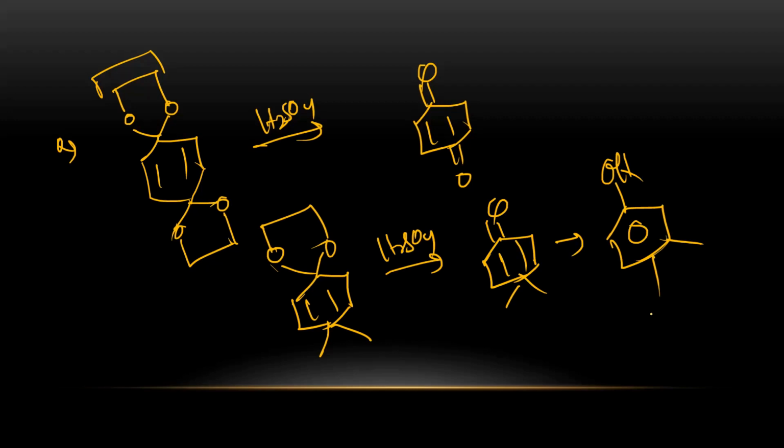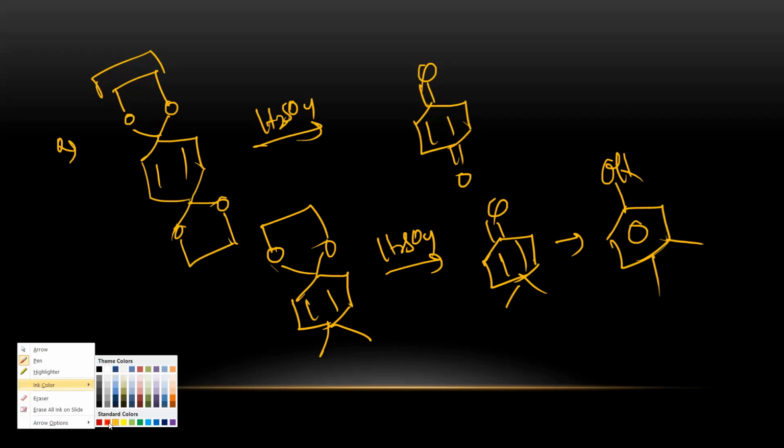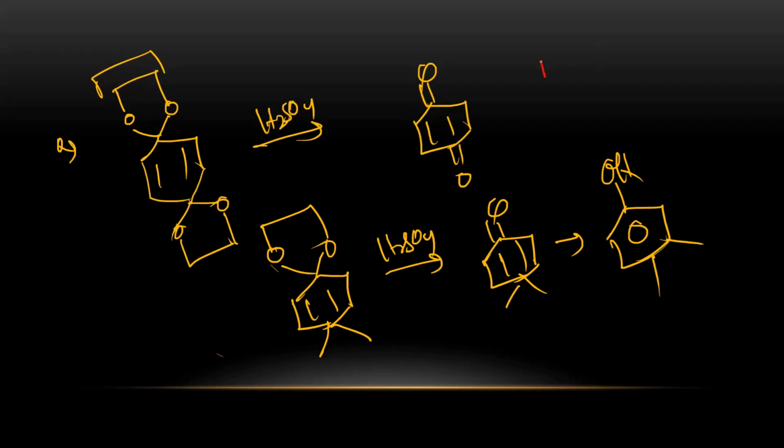Okay. In one very standard book, I have found one example. Double bond O, CH3 and OH. What they have done, they have written the final product as CH3 and OH, and they are saying that basically OH will stabilize the carbocation.